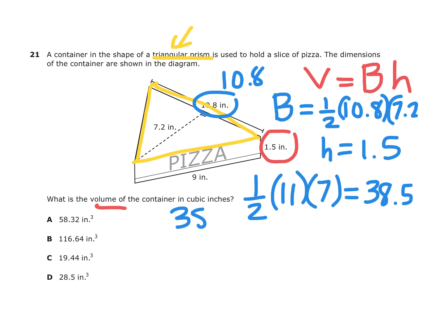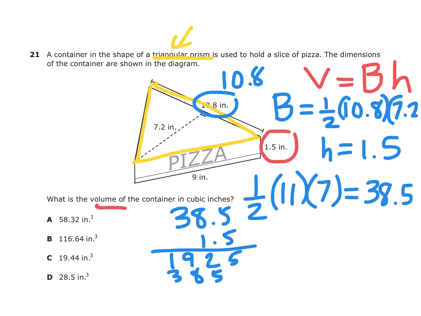So 38.5 times 1.5. So 5 times 5 is 25, carry a 2, 42, carry a 4. 5 times 3 is 15, plus the 4 that we carried is 19. 1 times 5, 1 times 8, 1 times 3.